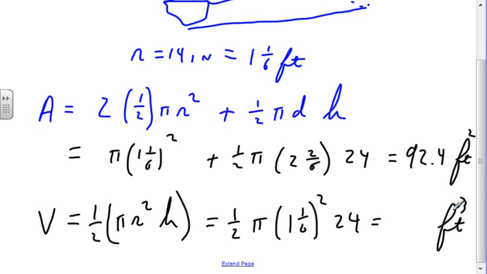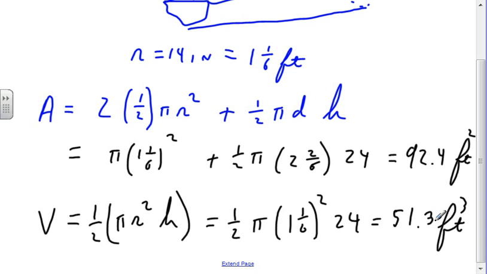Okay, so 0.5 times pi times second function, give me an improper fraction, 1 and 1/6 squared times 24. So I got 51.3 cubic feet.